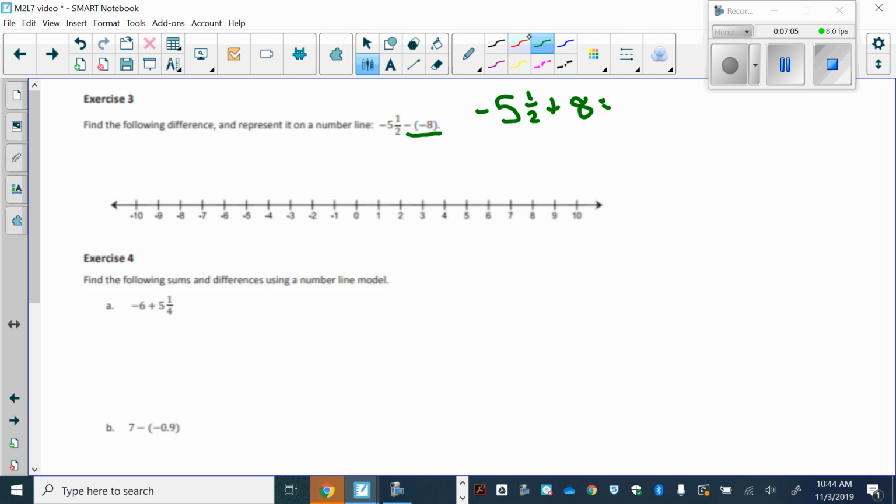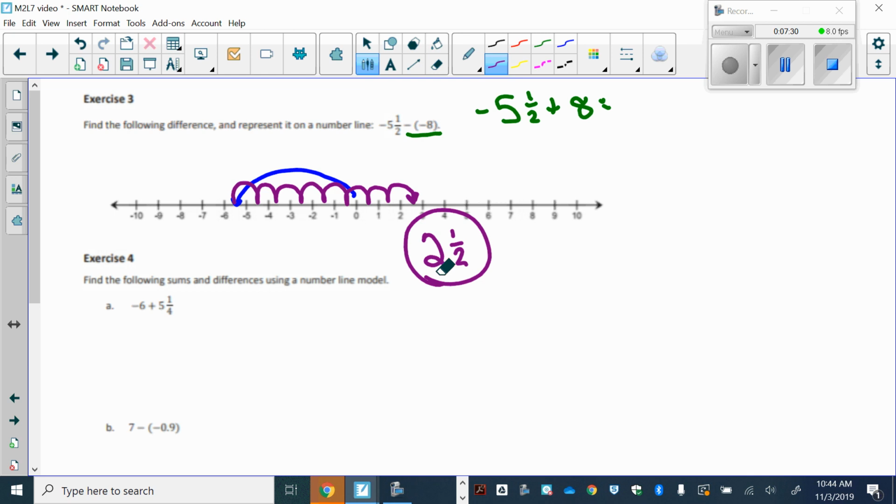My first step, I'm going to go to negative 5.5. My second step, I'm going to count to the right 8. 1, 2, 3, 4, 5, 6, 7, 8. And I just landed at 2.5.